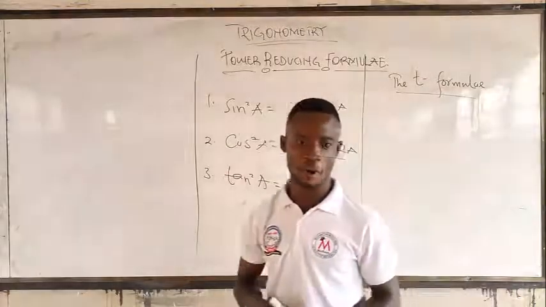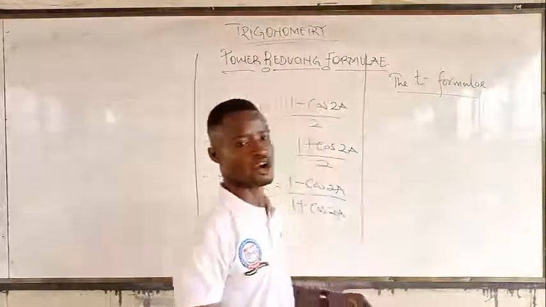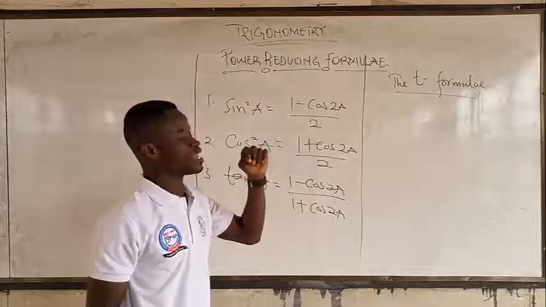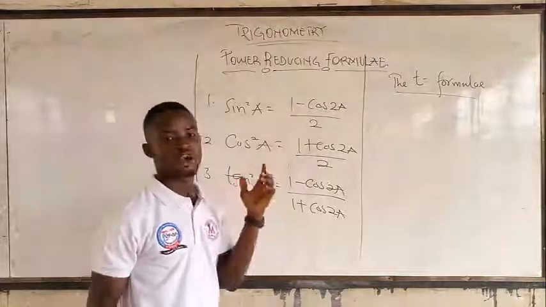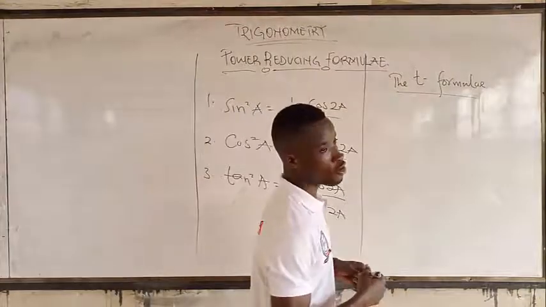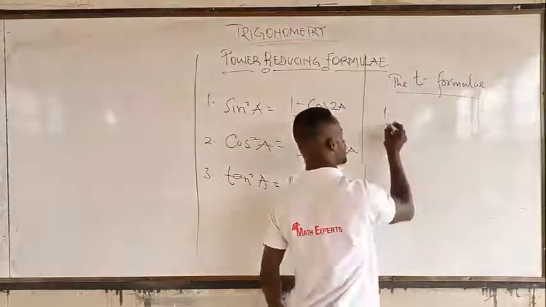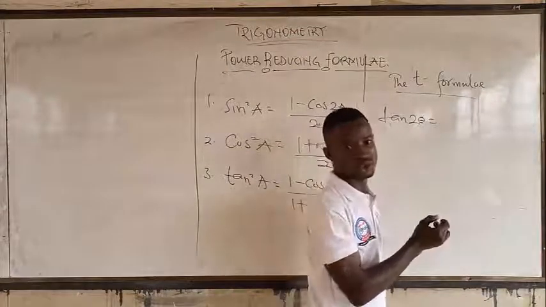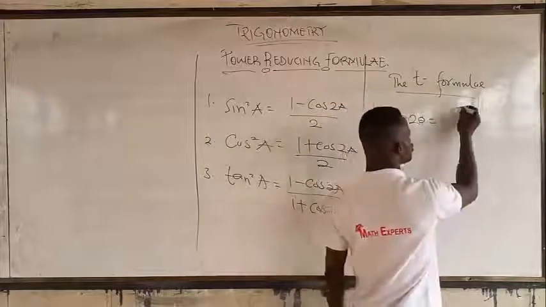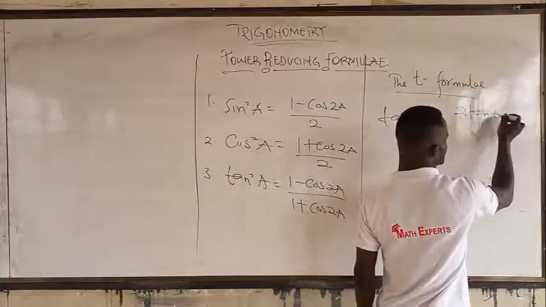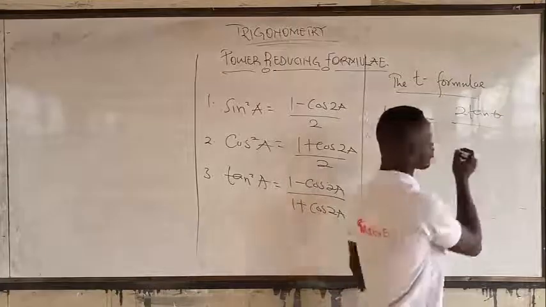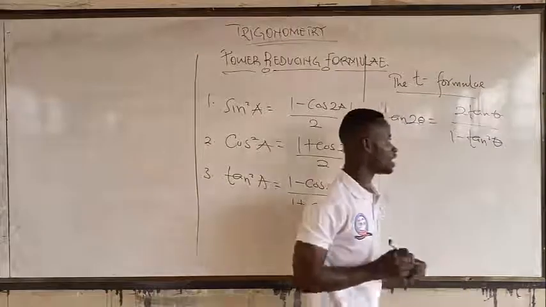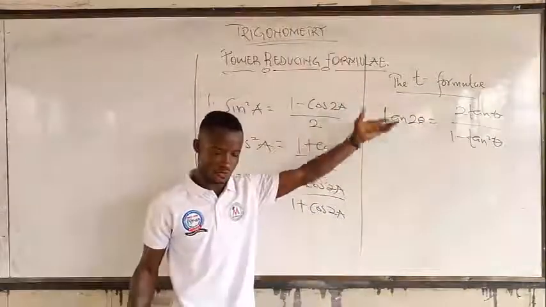From double angle, we know that tan 2 theta is equal to 2 tan theta over 1 minus tan squared theta, and I took you through how to prove this formula.